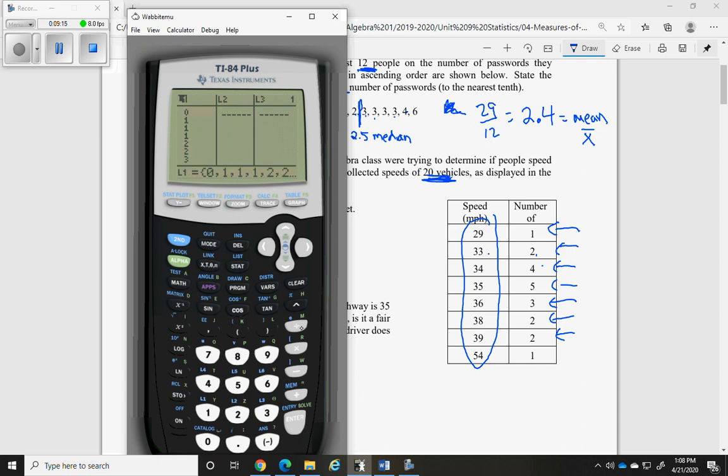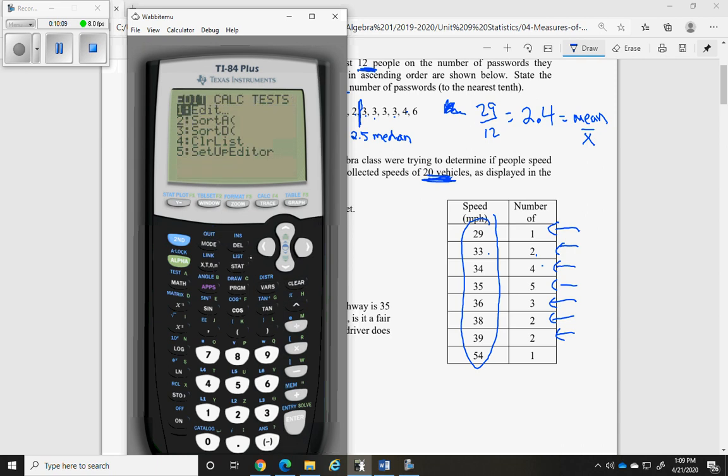I'm going to clear my numbers in L1, and I'm going to enter 29, and then I'm going to enter 33 twice, and 34 4 times, 35 5 times, 36 is 3 times, 38 is 2 times, 39 is 2 times, and 54 is once. 20 numbers were entered, so I'm hoping I didn't make any mistakes.